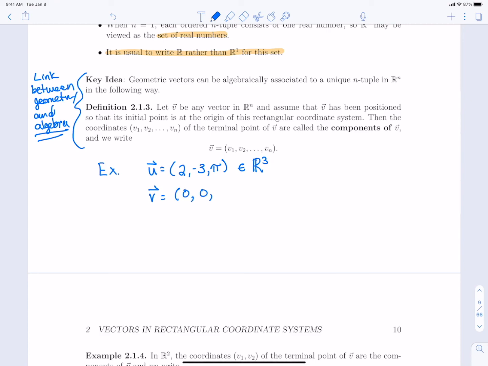I can have components that are the same, so I have 2 zeros. I can have components that are fractions, and just like above, I could have components that were negative. And this one's in R4. And we also showed that we could have vectors with only one component and it's in the real numbers, but this is redundant, and we're not going to really study these because we already know what real numbers do, and it becomes a little redundant for us to write them as vectors.